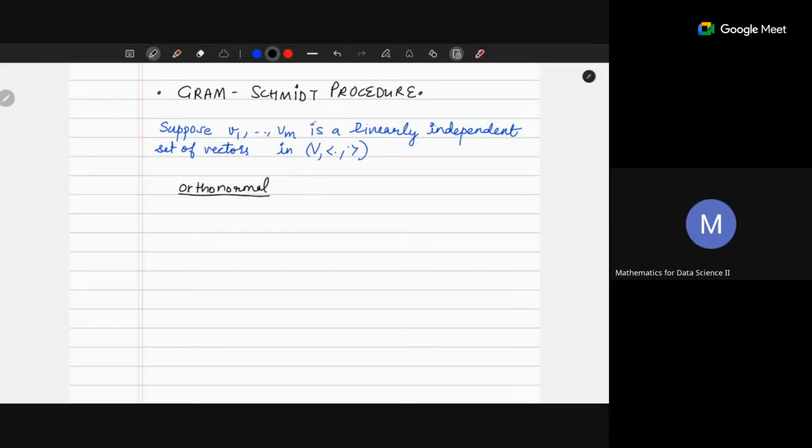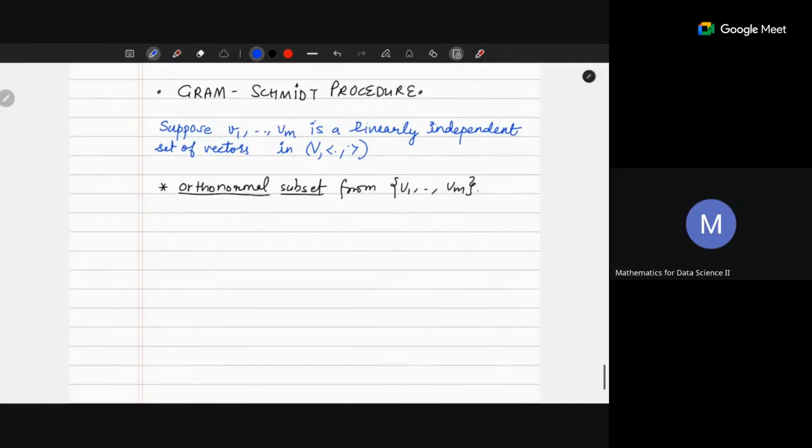So for orthonormal, what are the conditions? It has to be an orthogonal subset first of all, and the second condition is that the norm of each vector should be equal to 1.